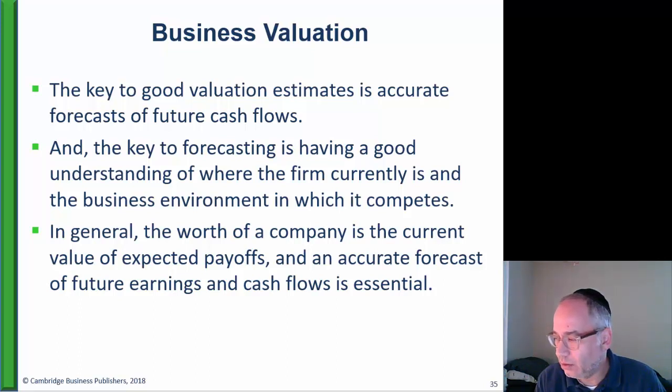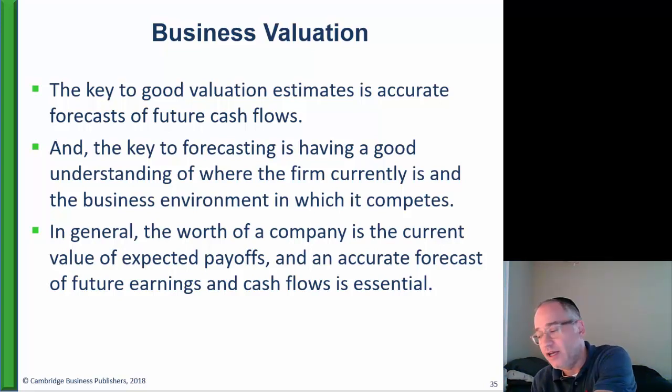So when you buy a stock, you're buying it on the assumption that you're going to make money in the future. So therefore, the more money you're going to make in the future, the more the stock is worth. Very simple. So what you need to do is you need to predict what's going to happen in the future and use that information to conclude what the company is worth now.